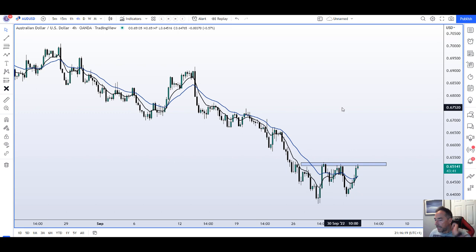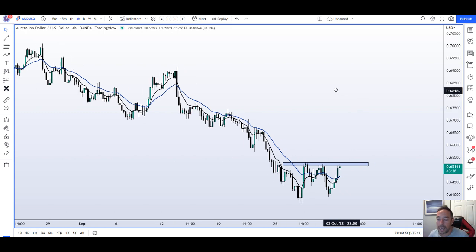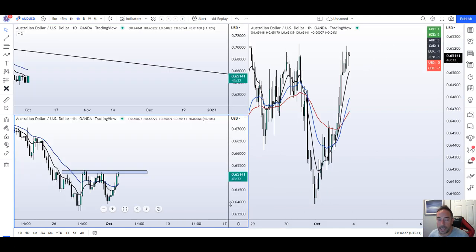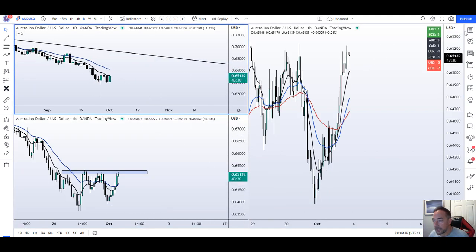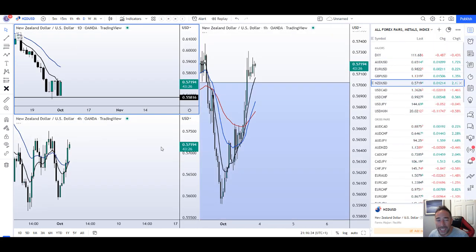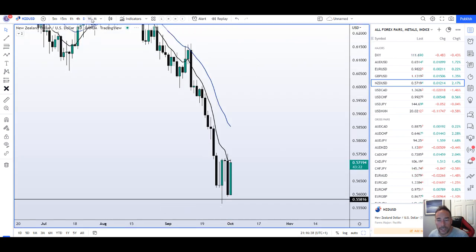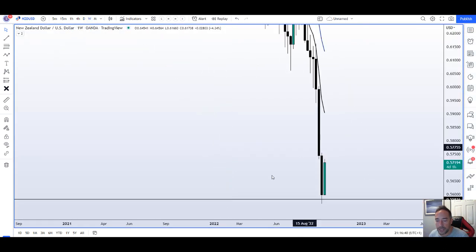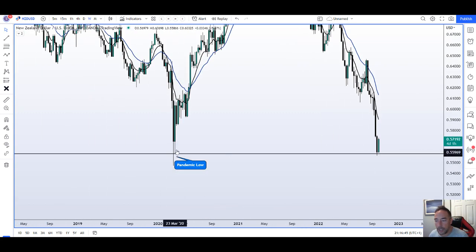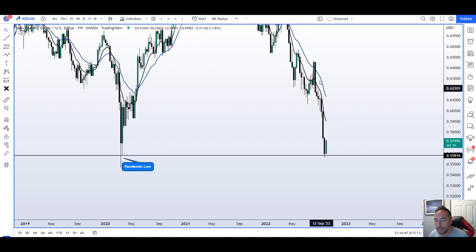So I do see, like I say, further short-term weakness in the dollar index and short-term strength in Aussie USD, and it would be the same really for the Kiwi USD as well. That's actually hit a bit of a level. If you look at the weekly, it's hit pandemic lows here, and again on the weekly, a big old bearish move there.